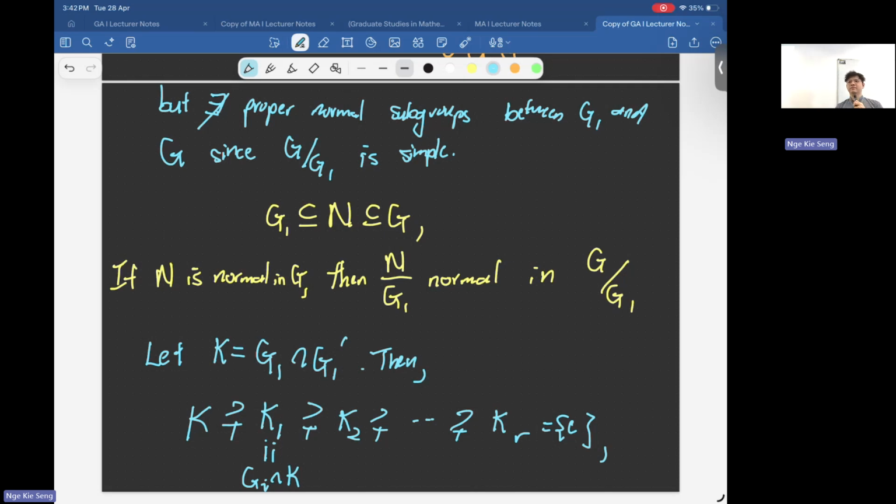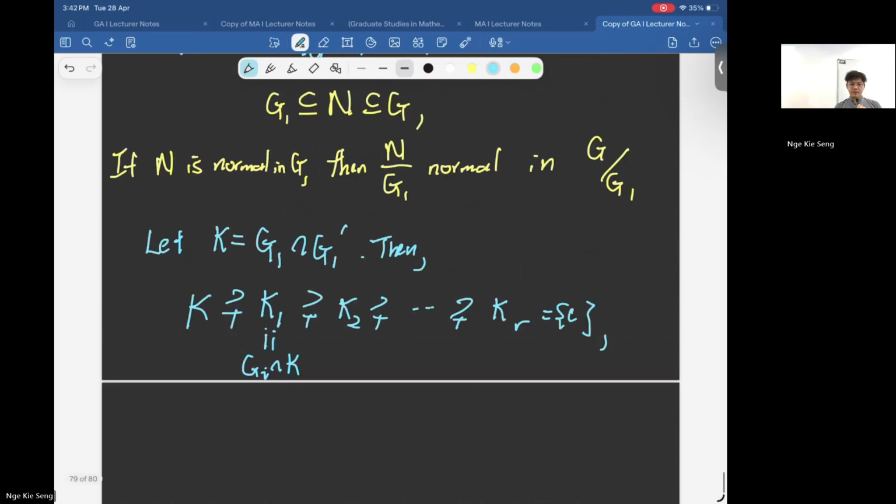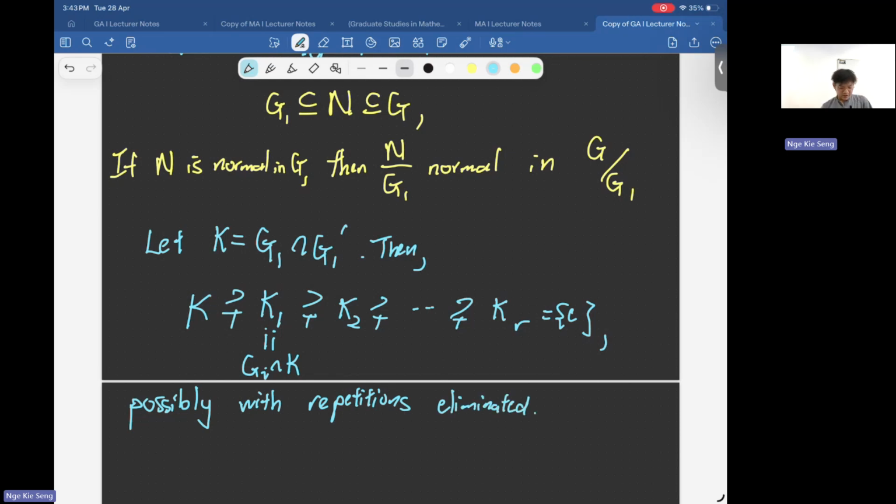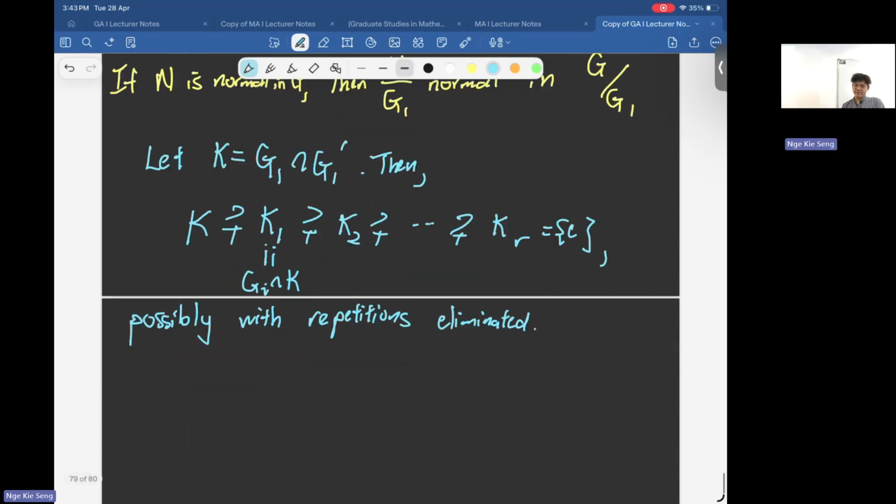Then you need to check the simple part. When you take quotient, is it still simple? Well, possibly you will get repetition here. So we will remove repetition if it is necessary. If a repetition happens, we just throw it away.